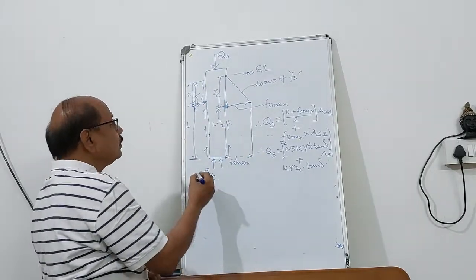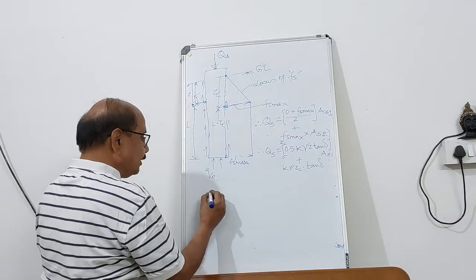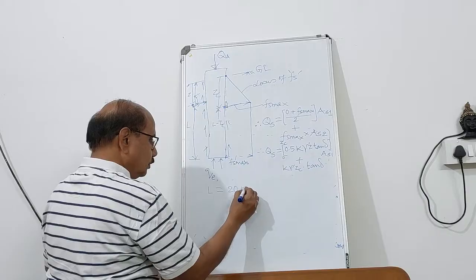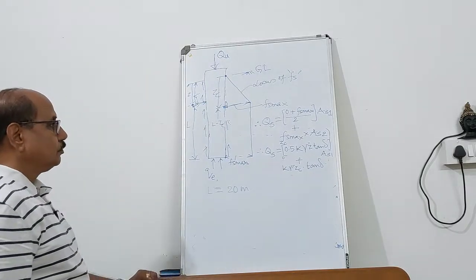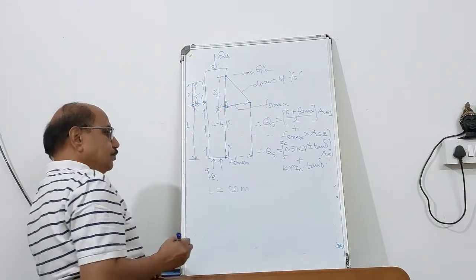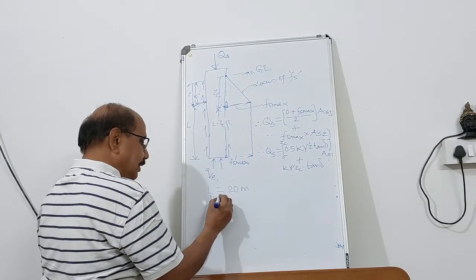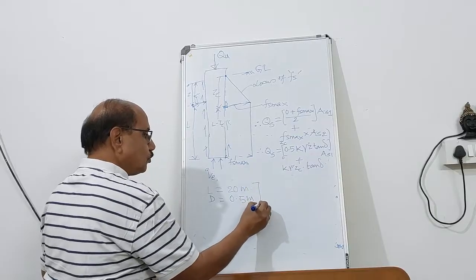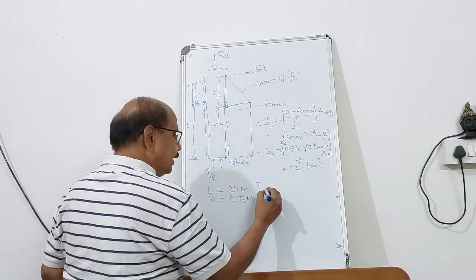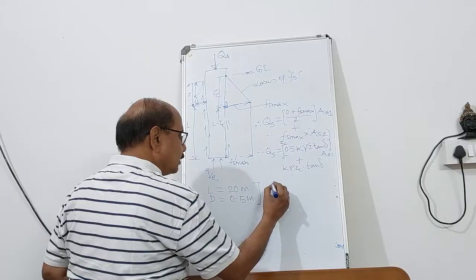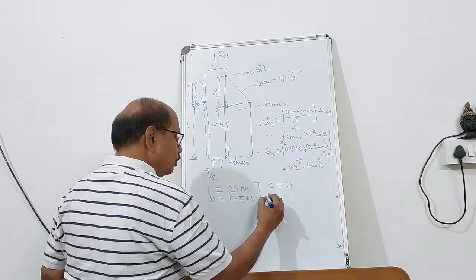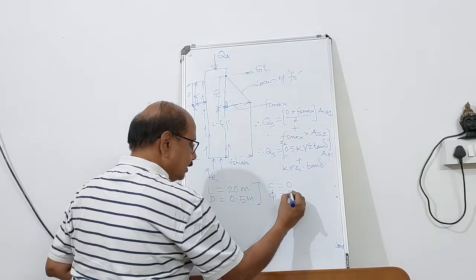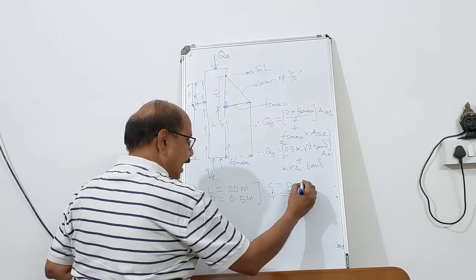For example, let's say the length of the pipe L equal to 20 meter, and diameter of the pipe is 0.5 meter. It is C equal to 0, it is a sandy bed, and phi is 30 degree.